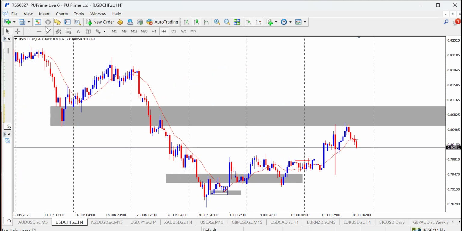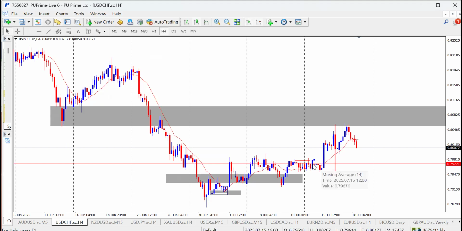So the nearest zone we could look towards buying is this level, which is 0.09721. Why is it that level? Because number one, this level is a strong S&R level, and number two is a demand zone, which was tested. So price needs to tap into that and continue moving to the upside.